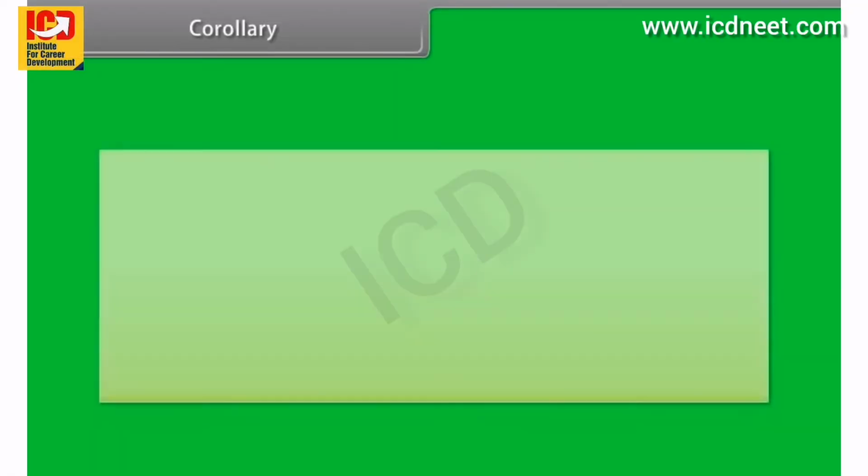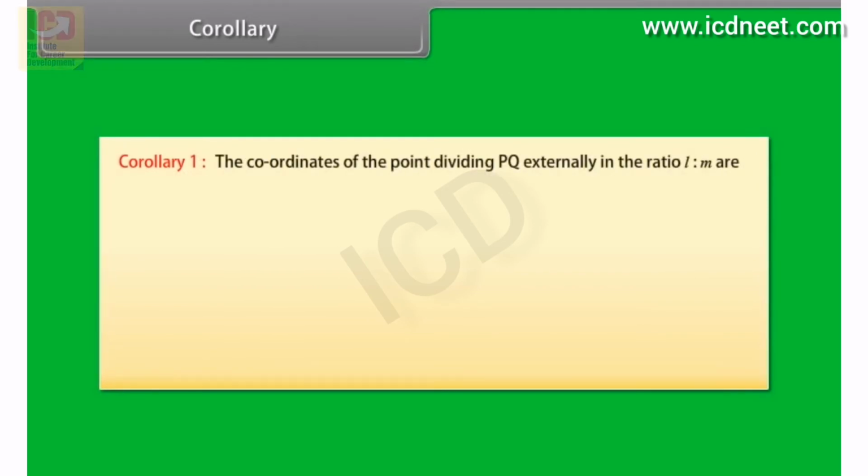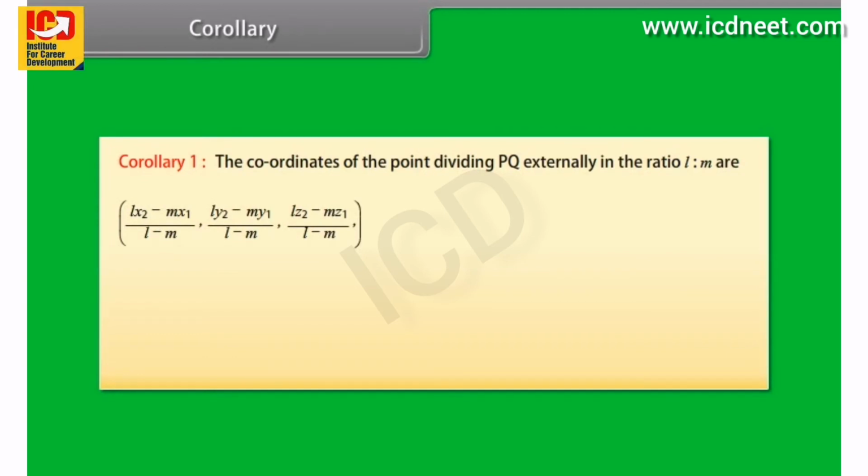Corollary 1. The coordinates of the point dividing PQ externally in the ratio l:m are ((l x2 minus m x1)/(l minus m), (l y2 minus m y1)/(l minus m), (l z2 minus m z1)/(l minus m)).